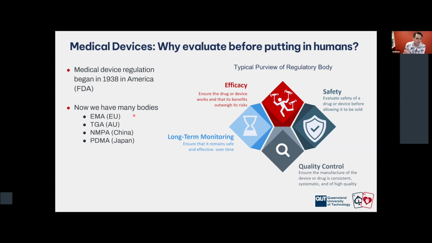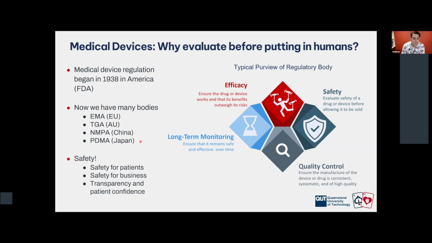Currently we have the EMA in the EU, the TGA in Australia, NMPA in China, PMDA in Japan. No matter what country you're living in, it's likely that the use of medical devices and drugs in people in your country is regulated by a regulatory body. That means it can't be sold, it can't be used without their approval.